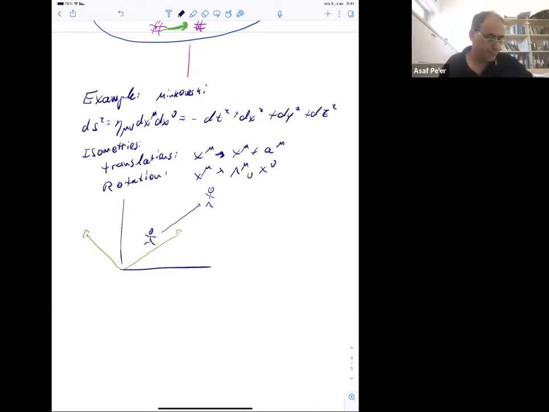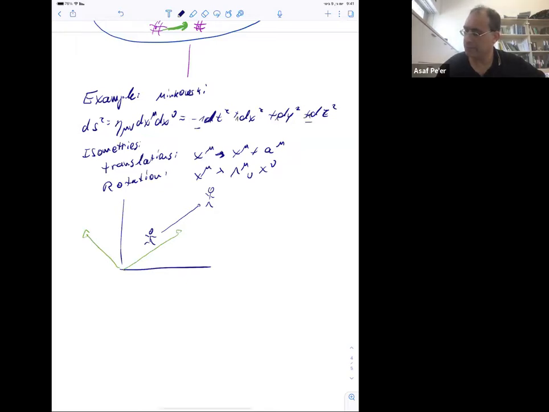Now, if I look at the metric, there is a very simple way of recognizing that there is an isometry. What is that? If I look at translations, how do I know that the metric is invariant under translations? It's quite easy, because I'm looking at the coefficients of the metric, 1, 1, 1, 1.